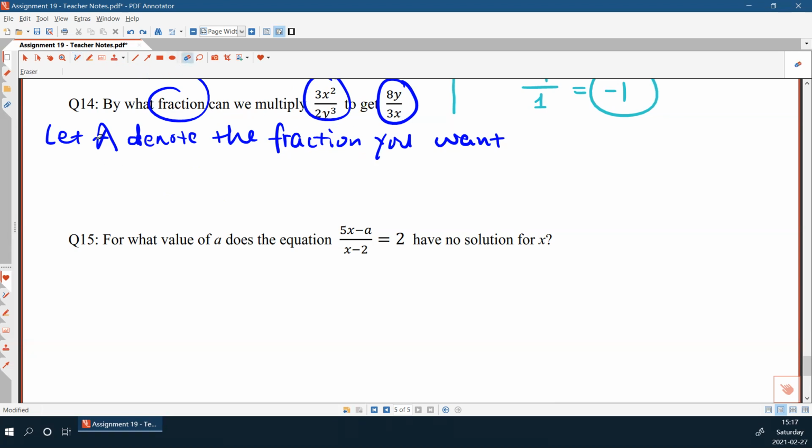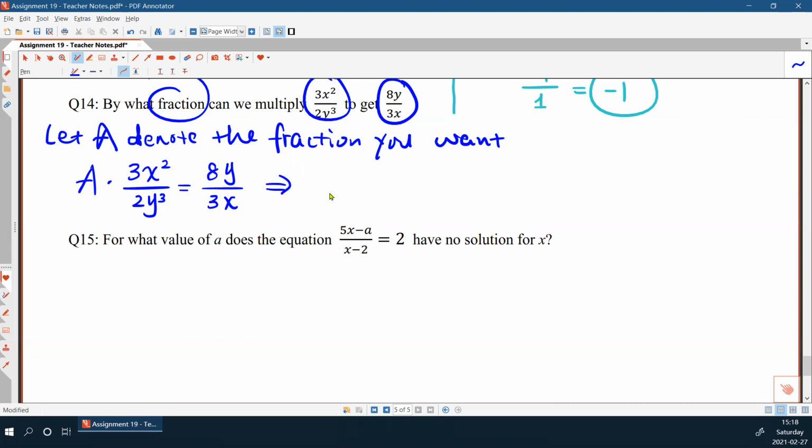It's better to use another letter, such as A or M or N. So all you know is A times 3x squared over 2y cubed equals 8y over 3x.